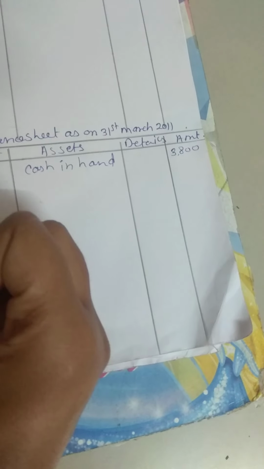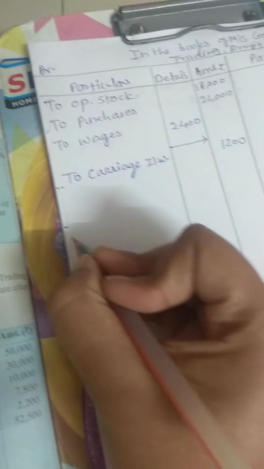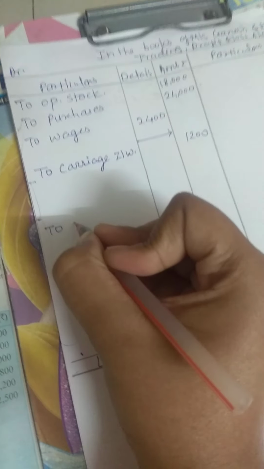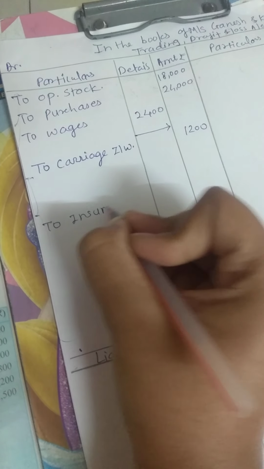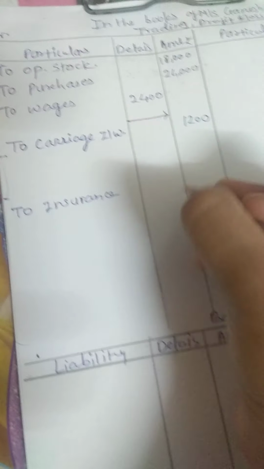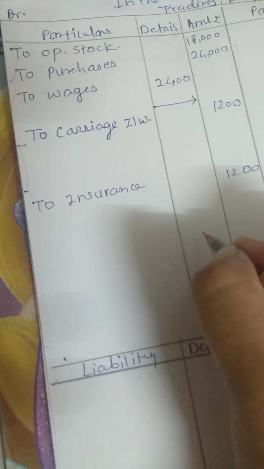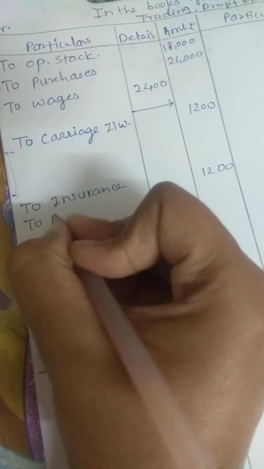Next, insurance is an item of the profit and loss account, so we write here, leaving some space, to insurance. What is the amount? The amount is 1,200. Now the next, postage and telegram, once again is an item of the profit and loss account.